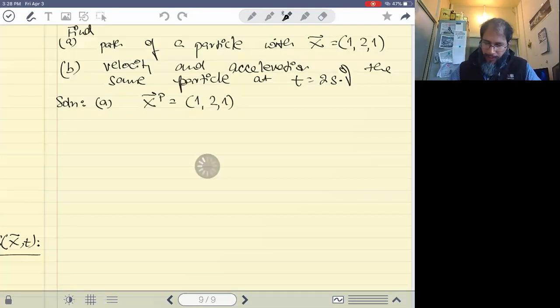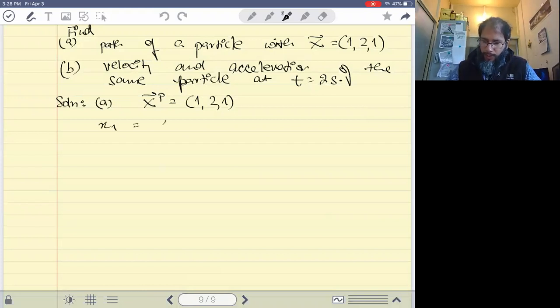If I substitute that, I get small x1 equals 1 plus 2t squared. Small x2 is 2 plus t squared. Small x3, which was equal to capital X3, is 1.